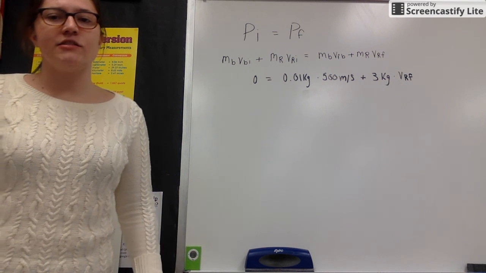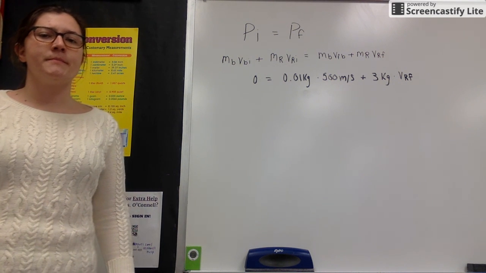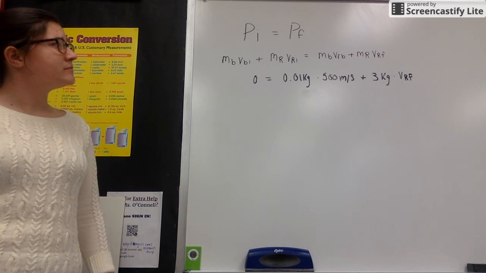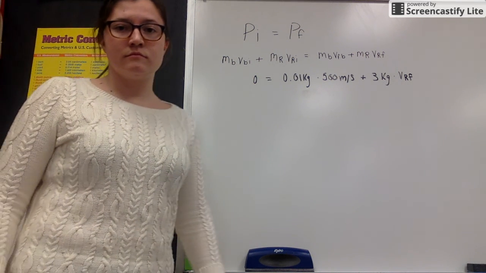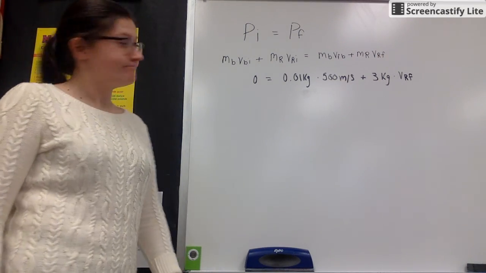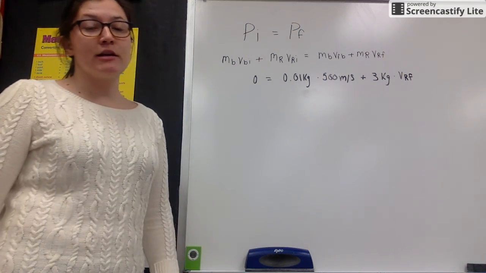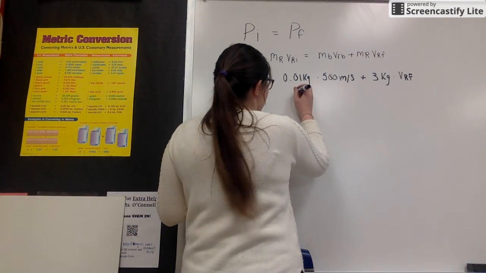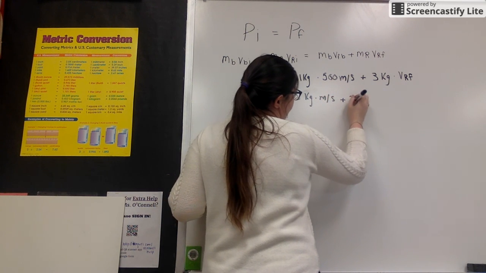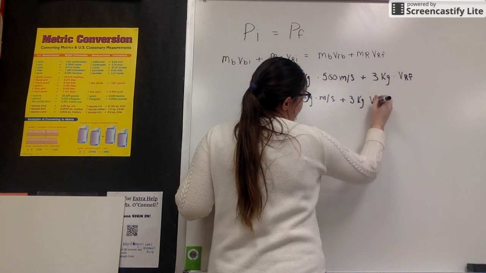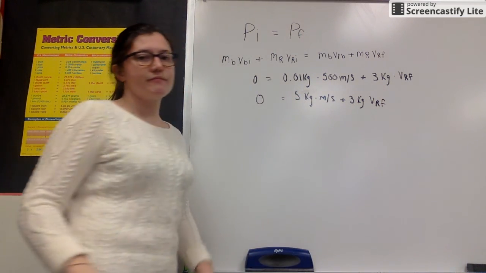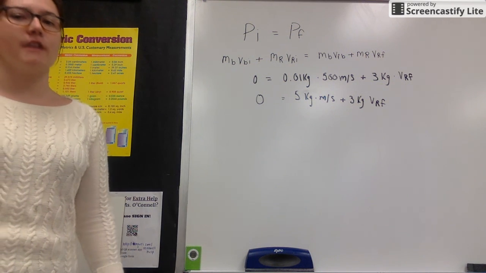Alright, so we're going to plug that into your calculator, 0.01 times 500, and you're going to get 5. Units are kilogram meters per second. Equal to 0.